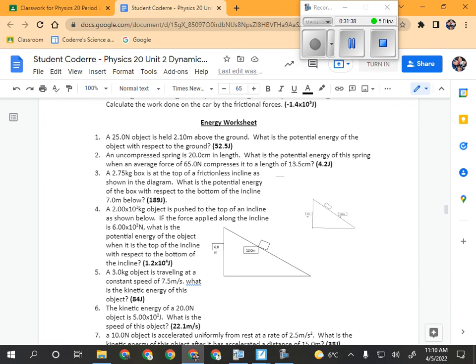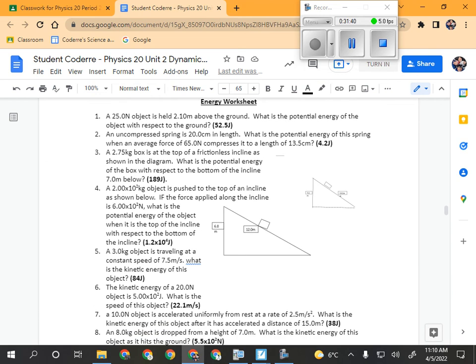All right, so there's a couple other ones here in the energy worksheet I wouldn't mind you doing that have to do with the inclined planes. I'll make it a little bigger so you can see them a bit better.